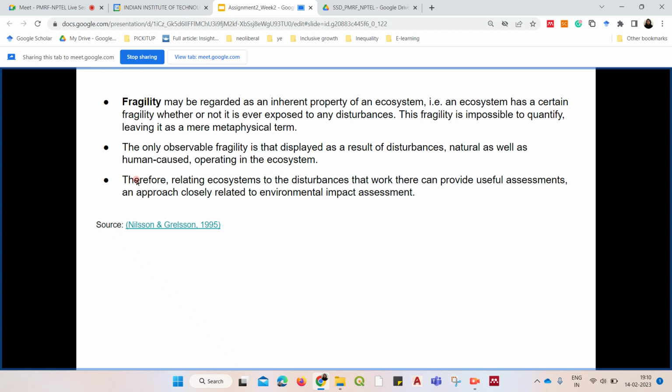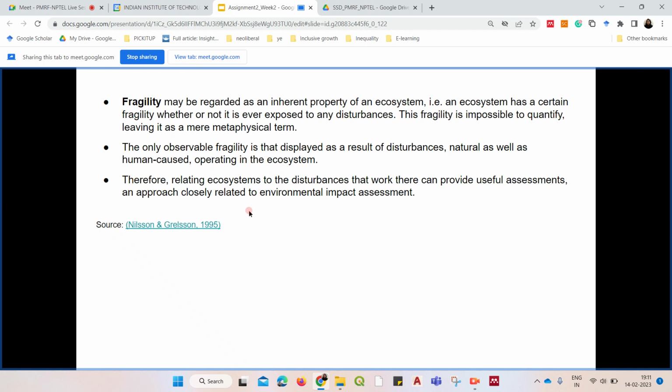Ecosystem fragility is an inherent property of any ecosystem, whether or not it is exposed to any disturbances. It is to quantify how fragile the ecosystem is, or how sensitive the ecosystem is to any disturbance if the disturbance is to occur.